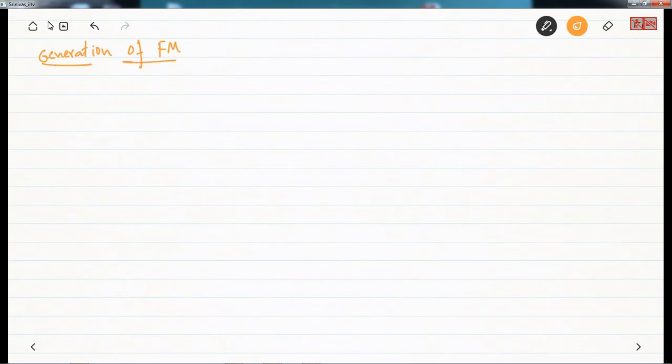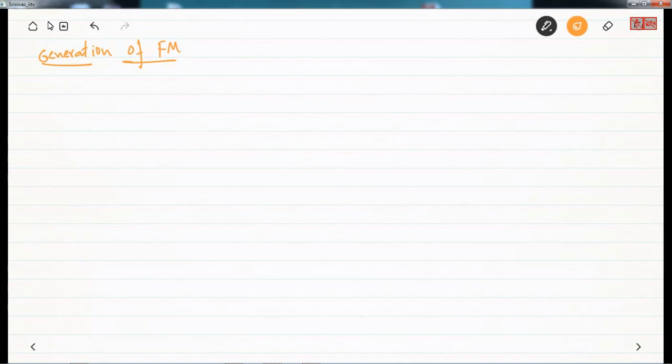What we did was we analyzed FM signal, we defined what is an FM, what is a PM, what is angle modulation, and then we analyzed single tone FM, narrow band, and single tone again wide band. So we did all these things and then we found out its bandwidth. Now we want to know how to generate FM signals, like practically how can we generate FM signals, right?